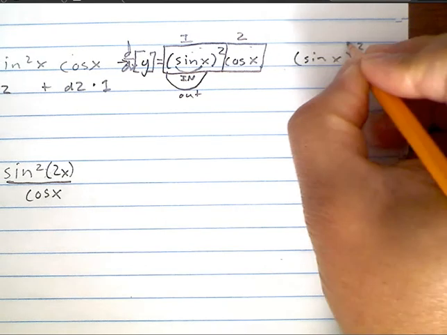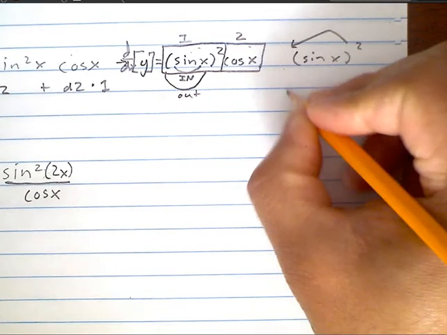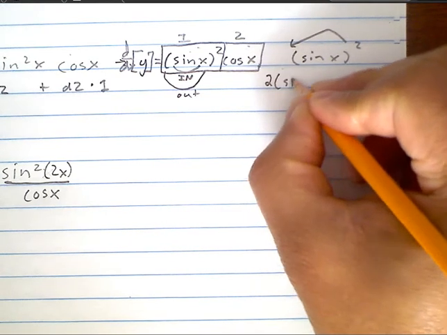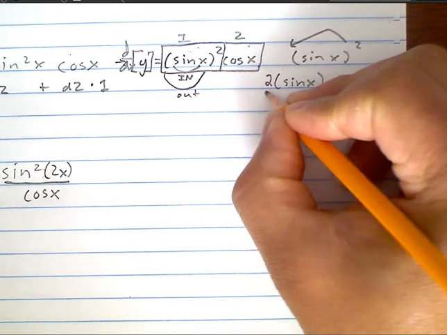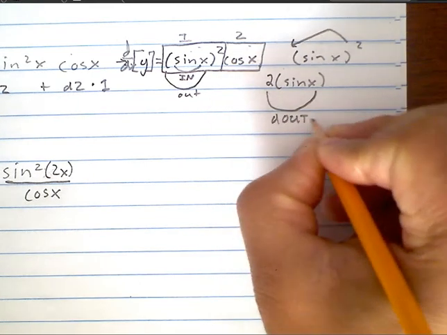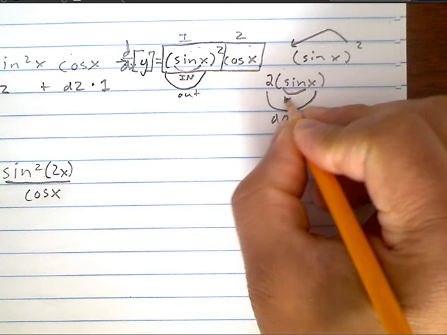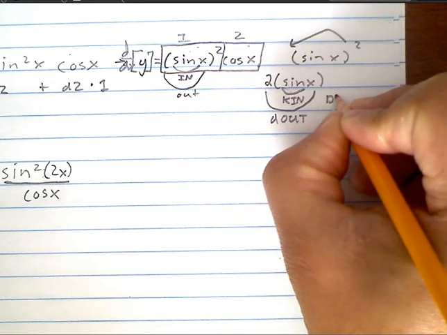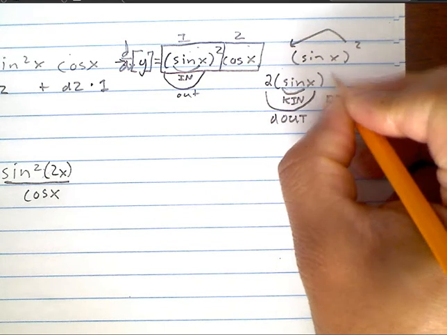The derivative of the outside is 2 parentheses sine x. That's the derivative of the outside. I keep the inside, and then I take the derivative of the inside. Cosine x.